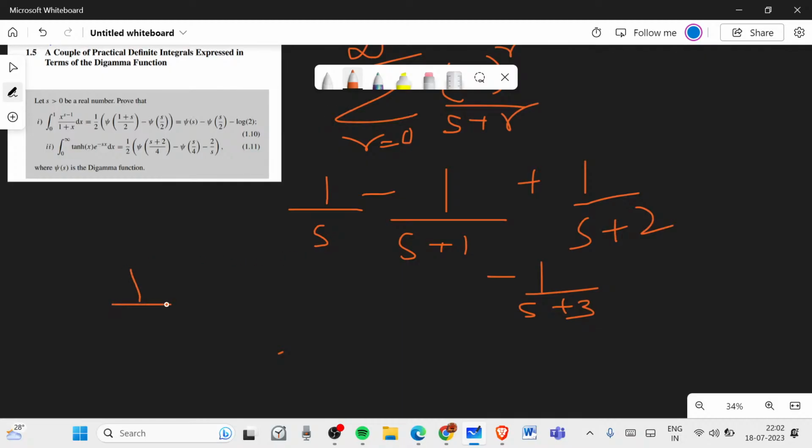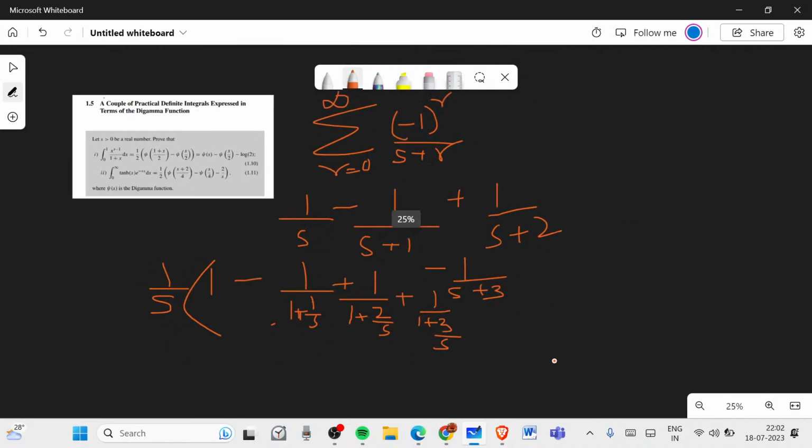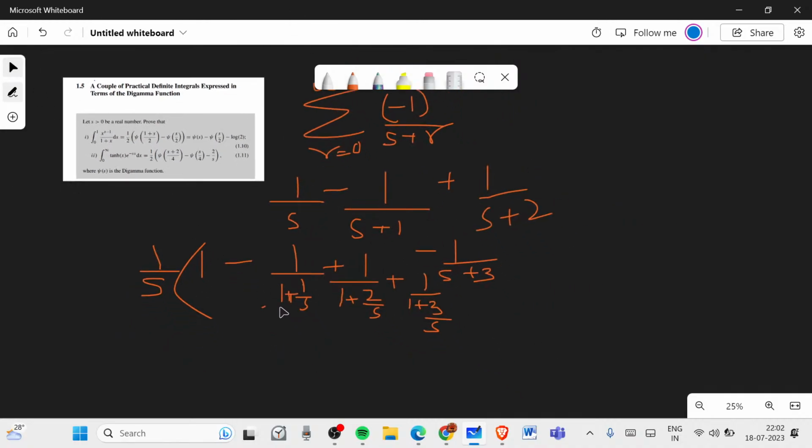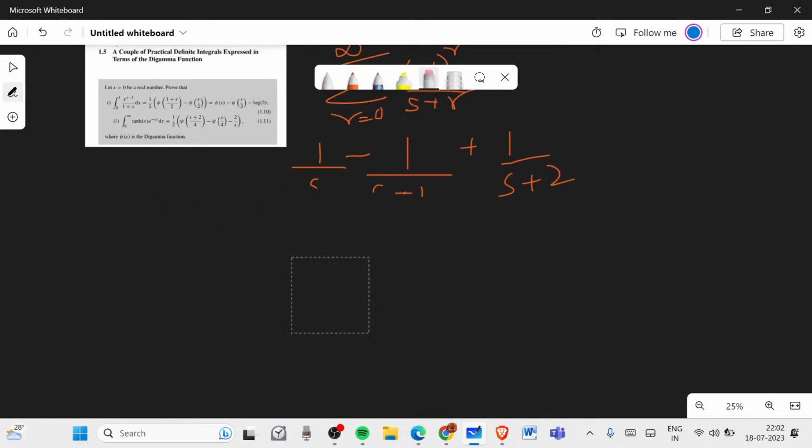It's basically, if I take 1 by s common, 1 minus s out, 1 plus 1 by s plus 1 by 1 plus 2 by s plus 1 plus 3 by s. I seriously don't know. The only thing I know is that I've solved this sum.